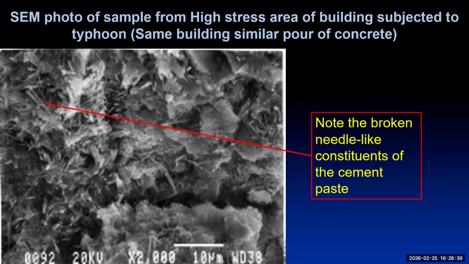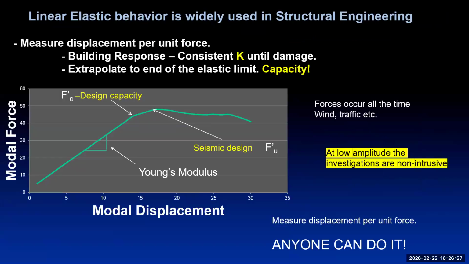So there's a big change when large forces occur, but at the micro level. You wouldn't necessarily see with a visual observation what was actually happening here. Scanning electron microscopy will show you a lot of detail about that.